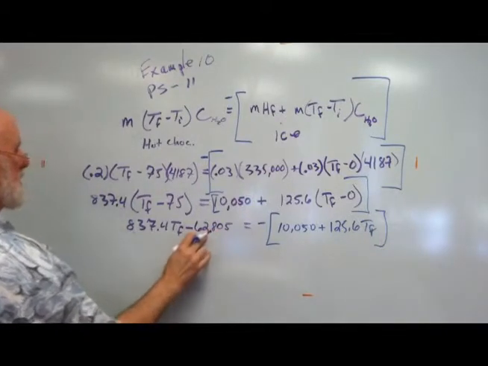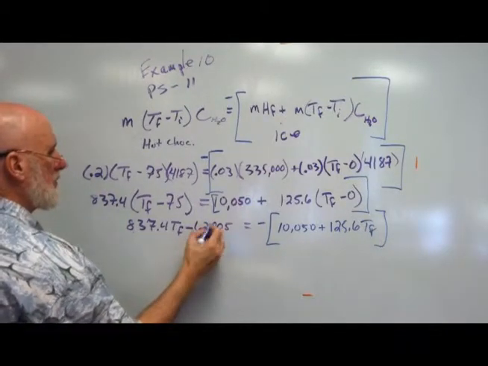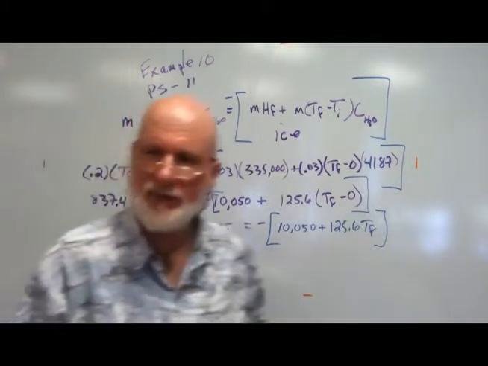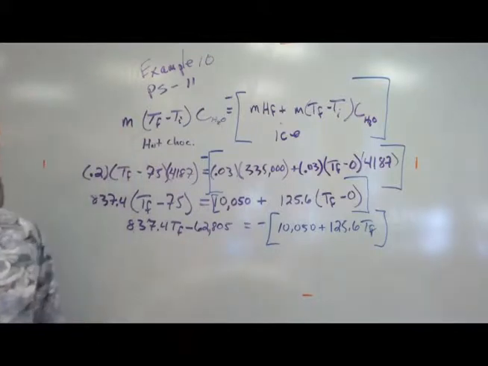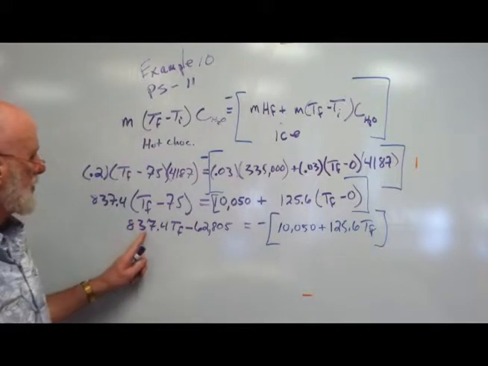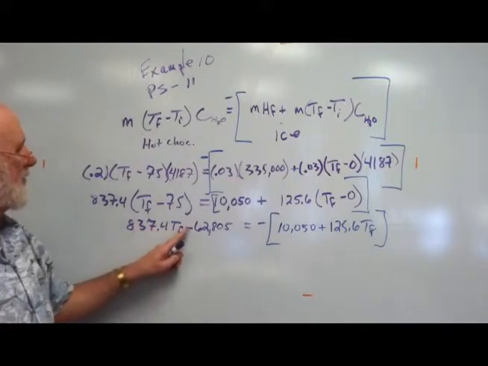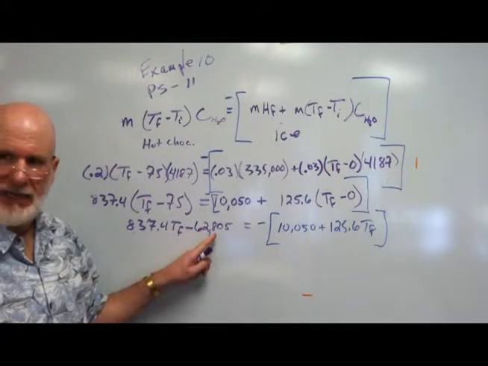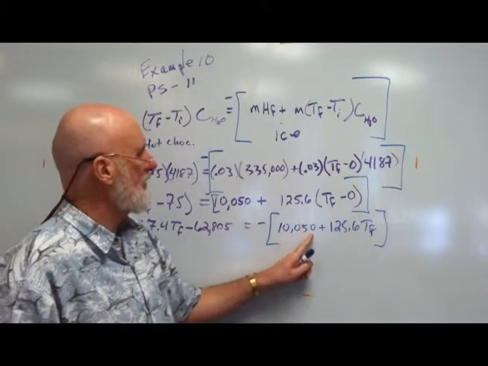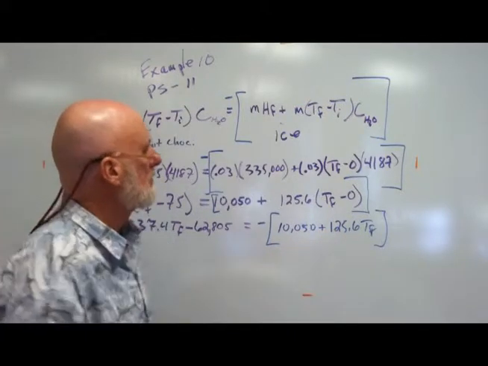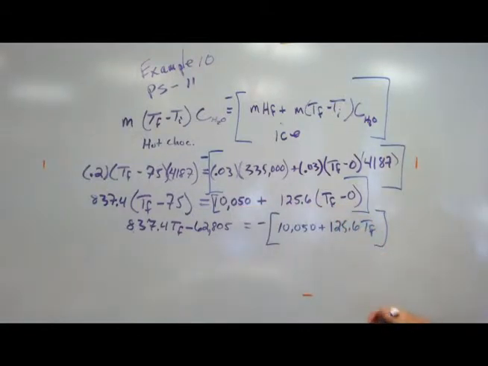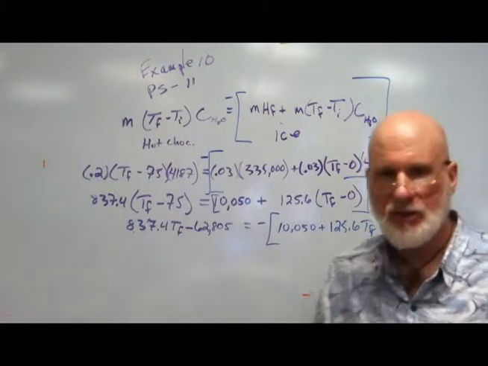What is 837.4 times 75? 62,805. Okay, now let's just read what we have to make sure we know what we're doing. 837.4 TF minus 62,805 equals negative the value 10,050 plus that plus this. Okay? Are we set with that so far?